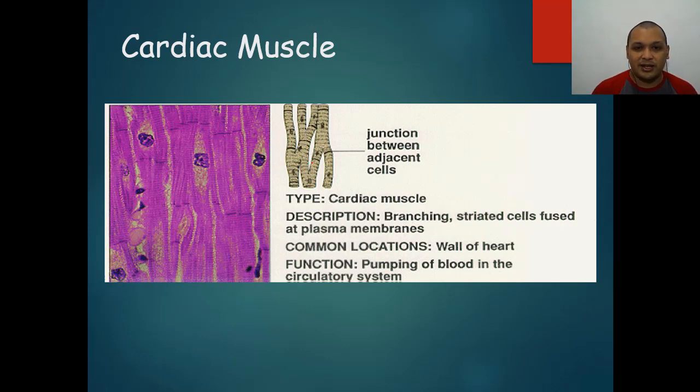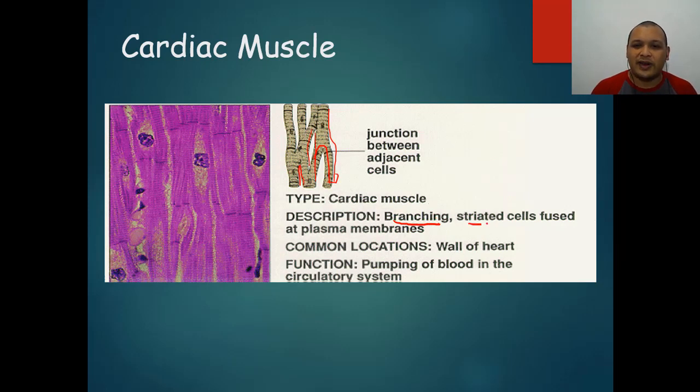As you can see, one muscle cell with another muscle cell has a branch. So again, the unique characteristic is branching.